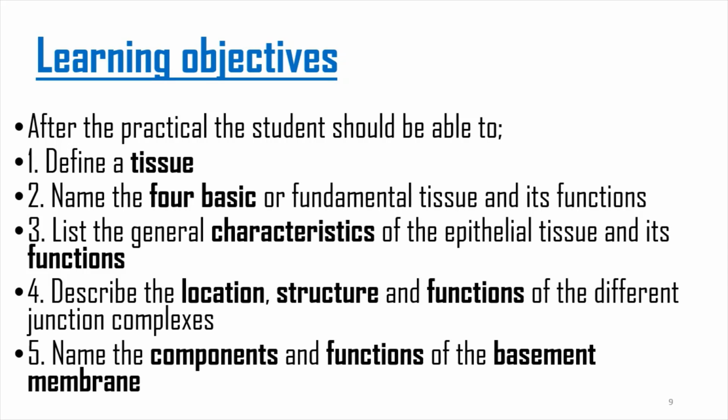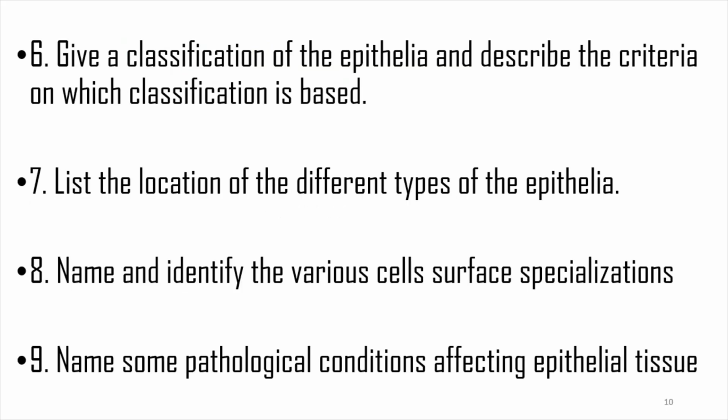Number 5, to name the components and functions of the basement membrane. So these are our outcomes after this lab. 6, to give a classification of the epithelia and to describe the criteria on which classification is based. 7, list the location of the different types of epithelia. 8, to name and identify the various cell surface specializations.